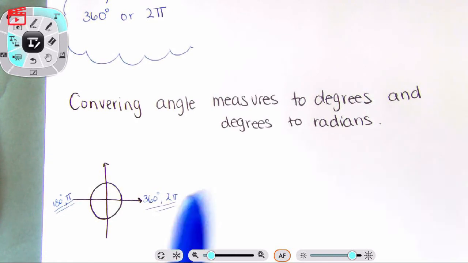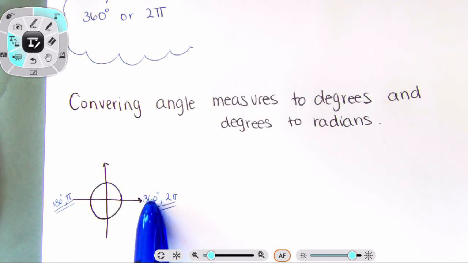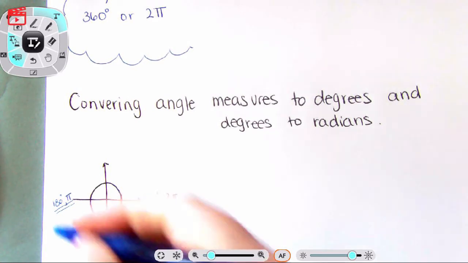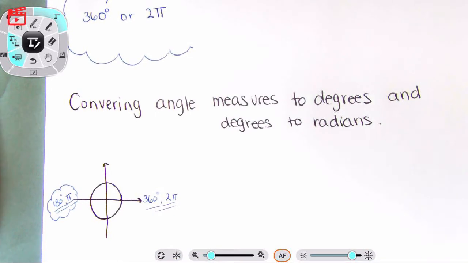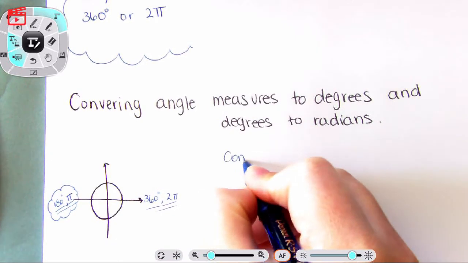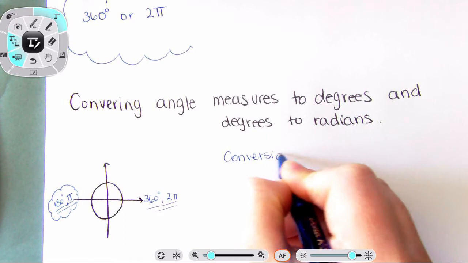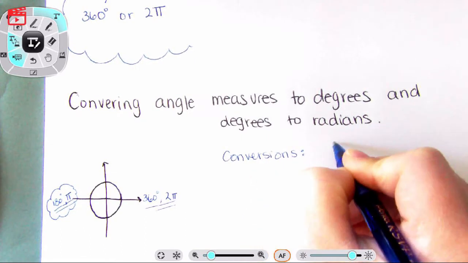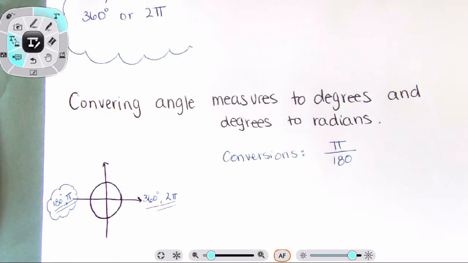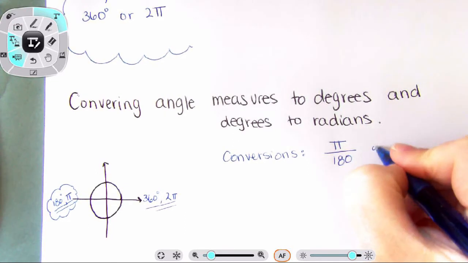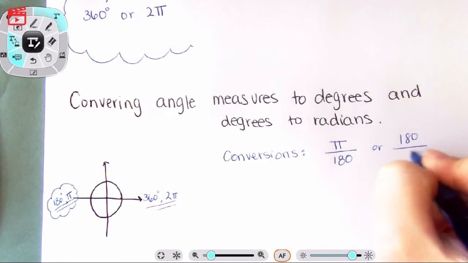So instead of using the bigger numbers, 360 versus 2 pi, we're going to use this one here. This is going to be our conversion rate. So conversion. This is going to be pi over 180, your ratio, or 180 over pi.